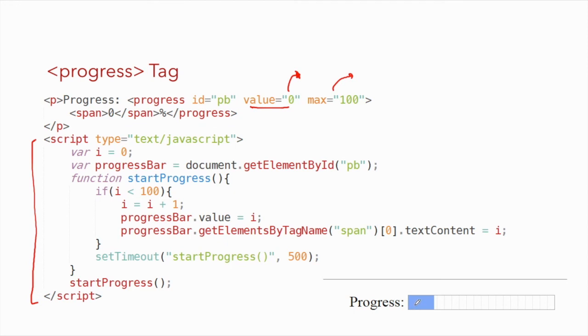On page load there would be nothing blue on the screen, and once you change this value to, let's say, 10, it will highlight this particular area. In this case we have written JavaScript code which increases it automatically over a certain time period. We don't need to bother about this at the moment, but keep an eye on it. So this is our progress tag, inside which I am specifying value and maximum range.